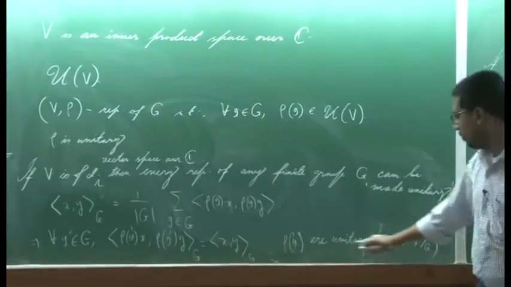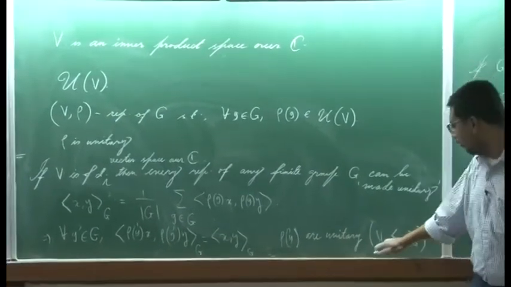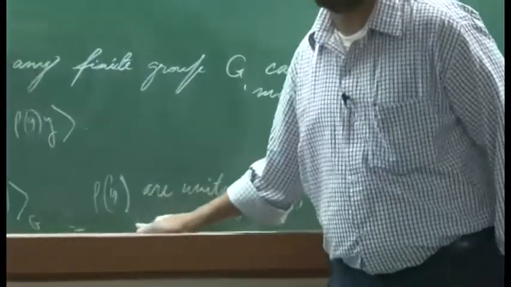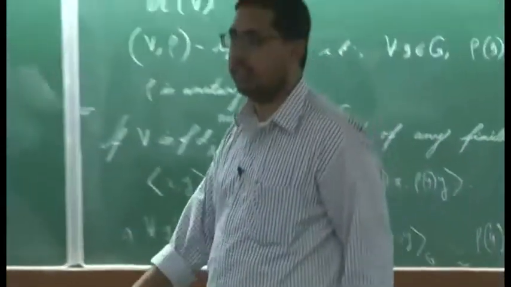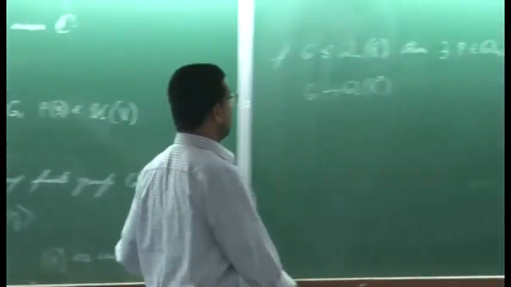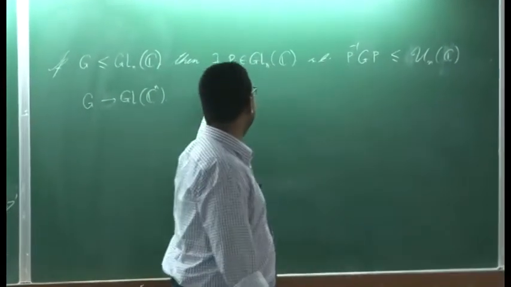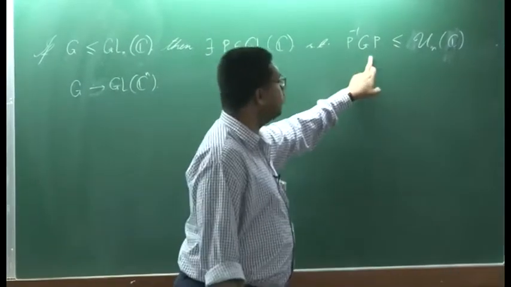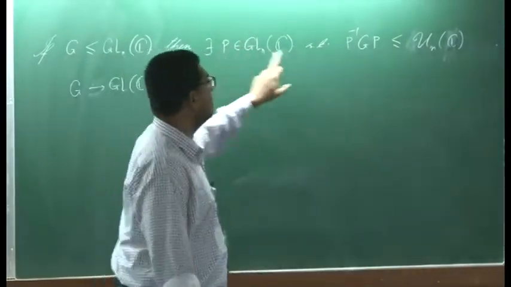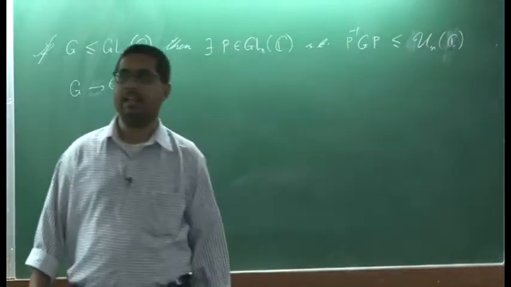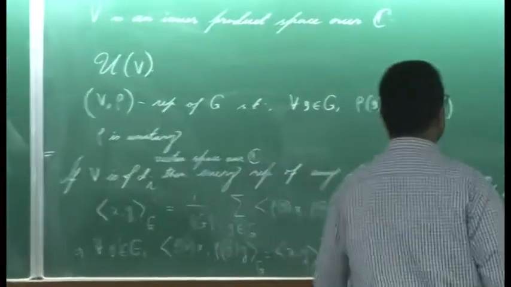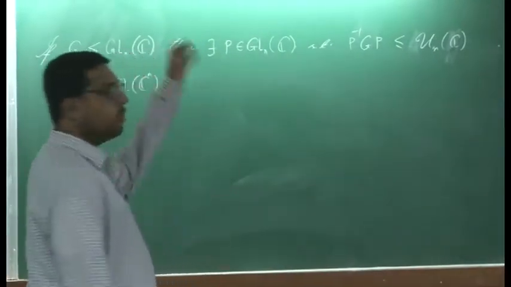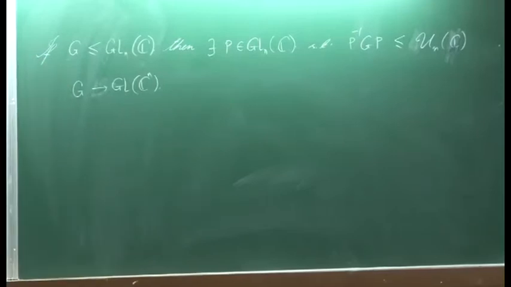Since in this new inner product space each rho G prime is unitary, if you choose an orthonormal basis of this new inner product space, then all these matrices will be unitary. So by conjugating by a suitable single invertible matrix, we land inside the unitary group. That is what we have proved: every finite subgroup of GLNC is conjugate to some subgroup of the unitary group.